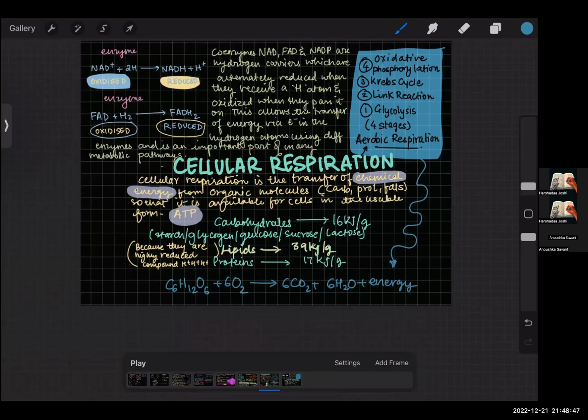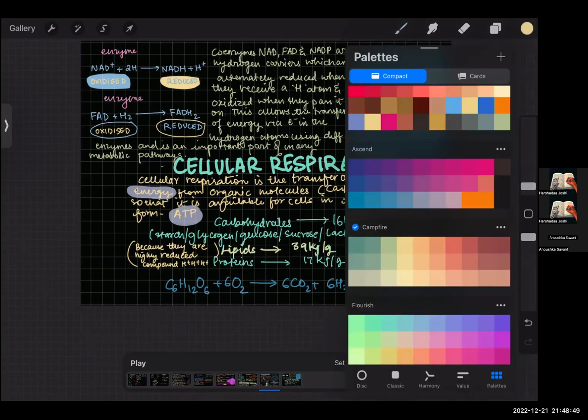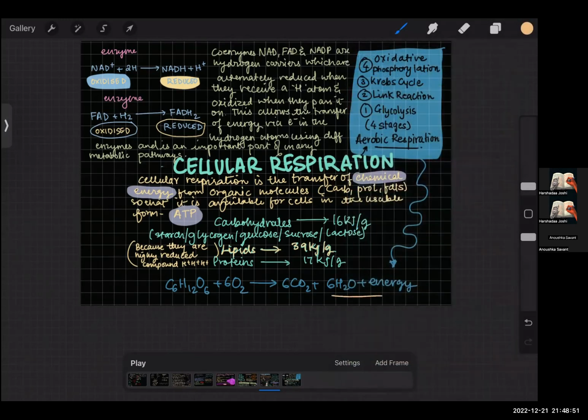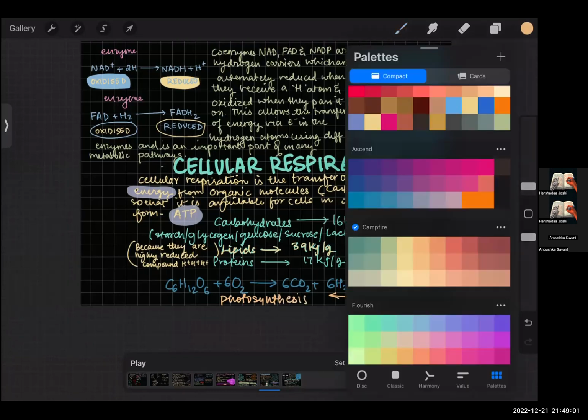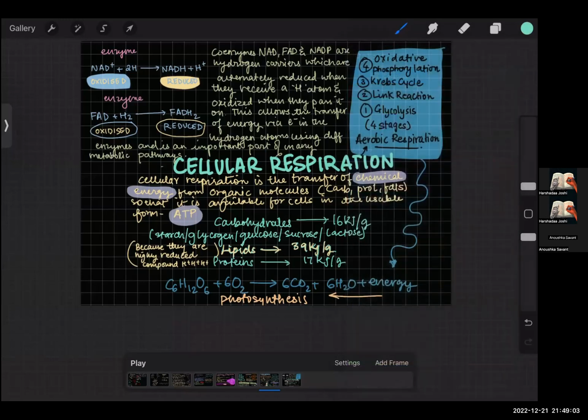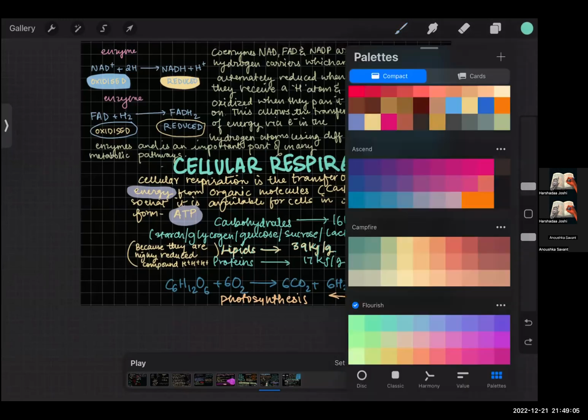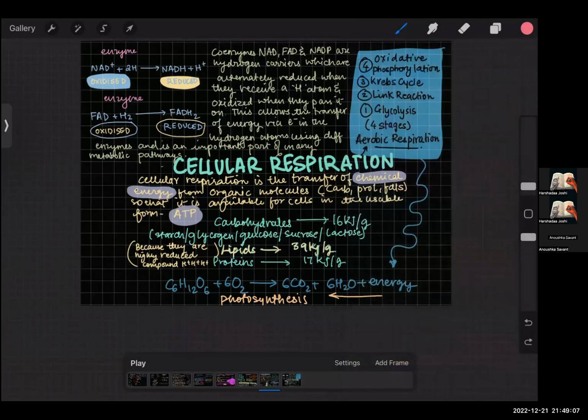Now, if you look at this, the minute you reverse this reaction, this reverse is called photosynthesis. But when it goes in the forward direction, like this, we call this your respiration.